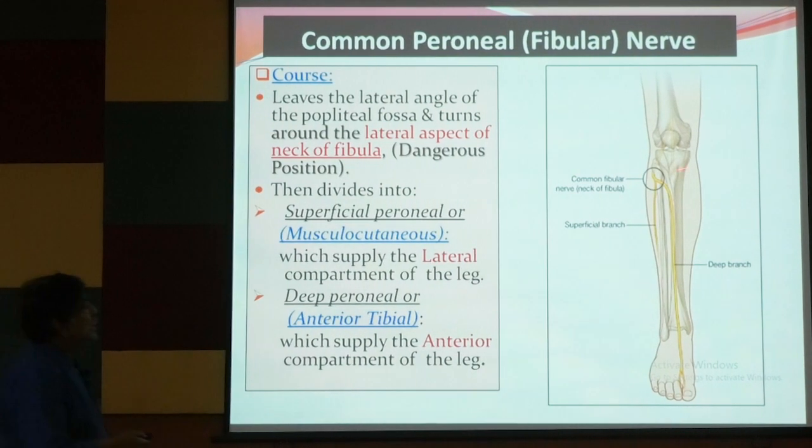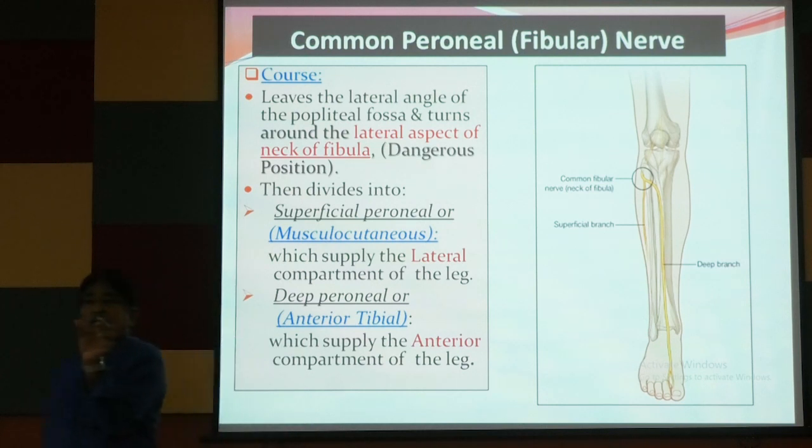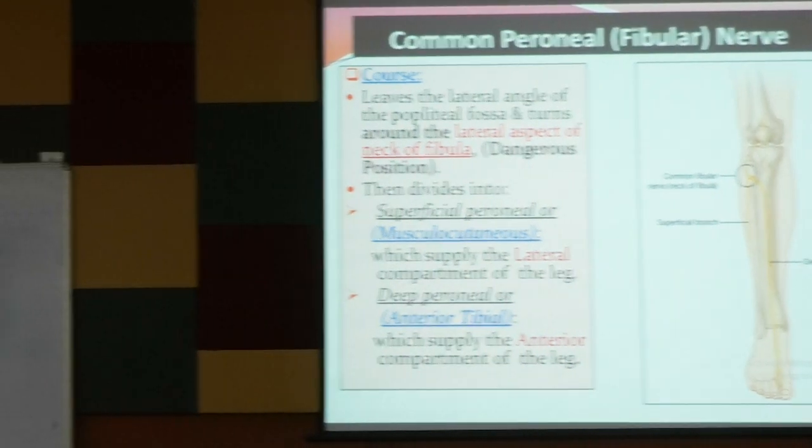I told you, here is the bony, this is the lower end of the femur, this is the patella, this is the tibia, and this is the medial malleolus. See, this is the medial malleolus. It is larger, and lies medially.